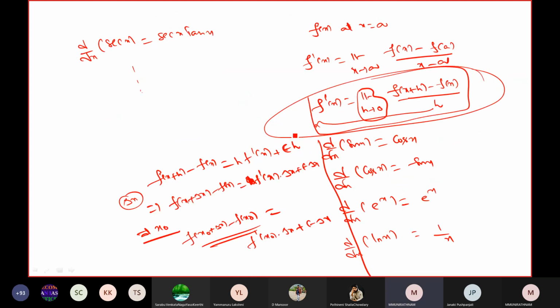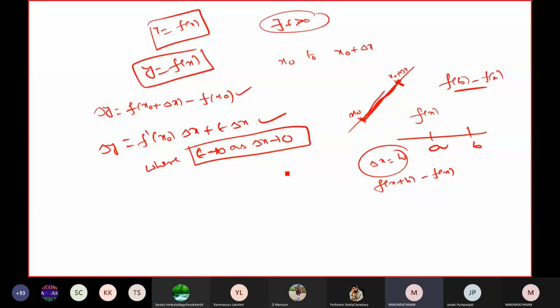So the amount of change of y, delta y, will be f dash of x naught into delta x plus epsilon into delta x, where epsilon tends to 0 as delta x tends to 0.